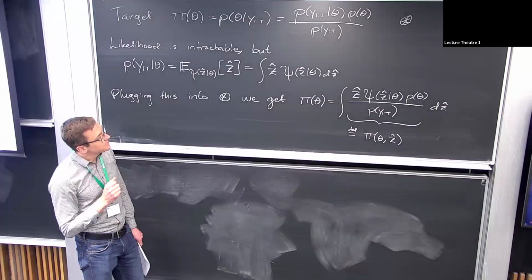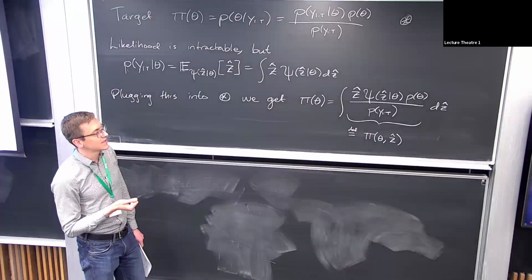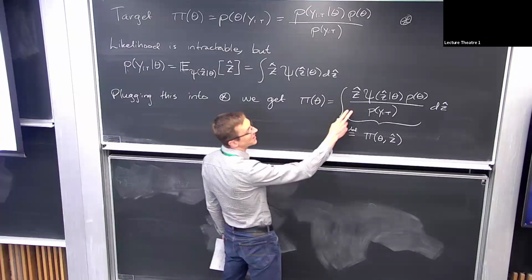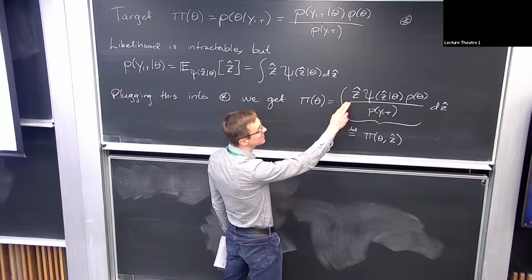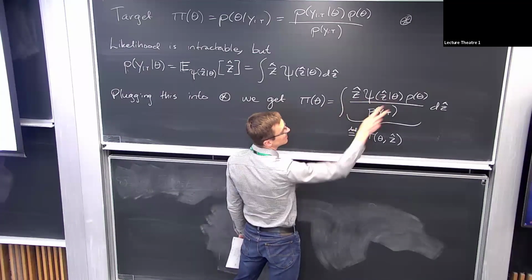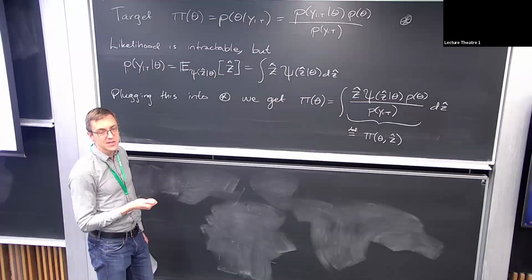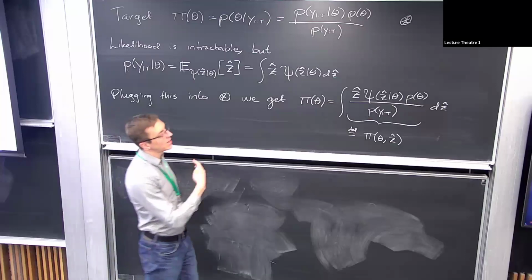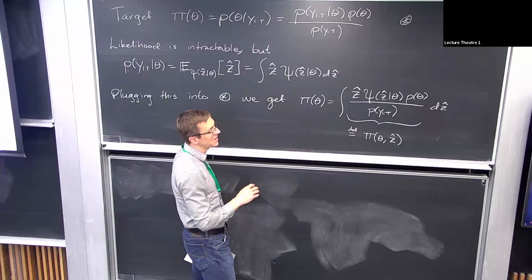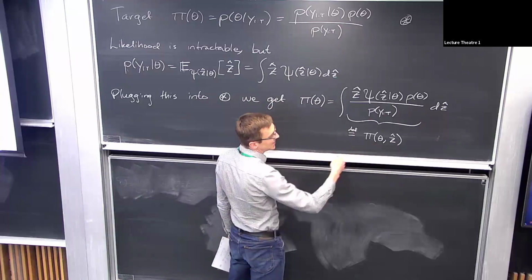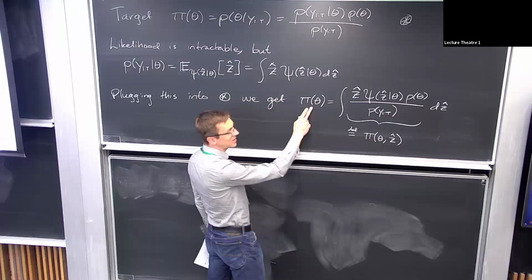Well, non-negativeness I get if I know that my likelihood estimator here is non-negative. All these factors here will be non-negative. And unbiasedness tells me that, if I integrate this, from the derivation that we did here, first with respect to z hat, then I get back the original target.